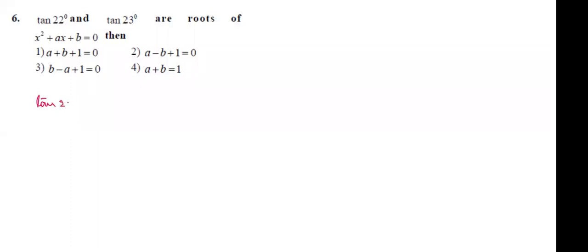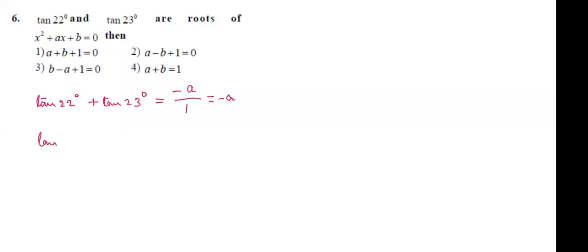Tan 22.5 degrees plus tan 23.5 degrees. That means this is sum of the roots. Sum of the roots formula minus b by a, here see the quadratic equation. B means what is there? A. A means 1. So finally sum of the roots minus a.